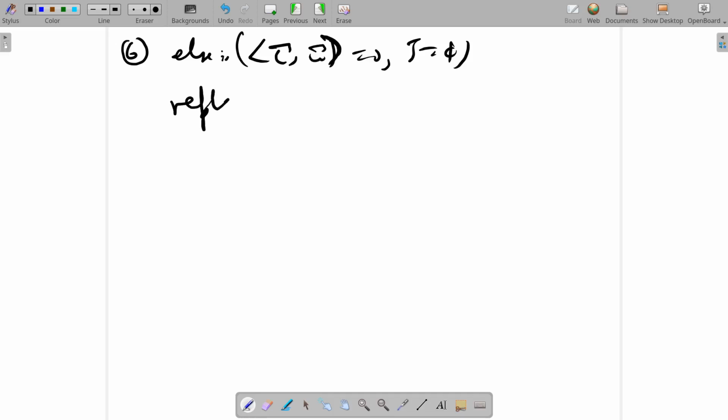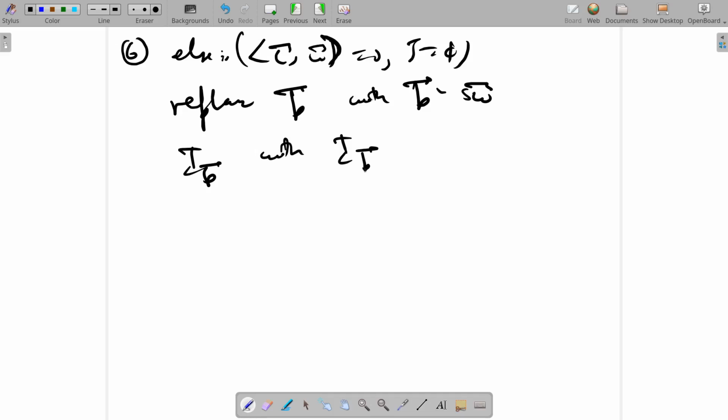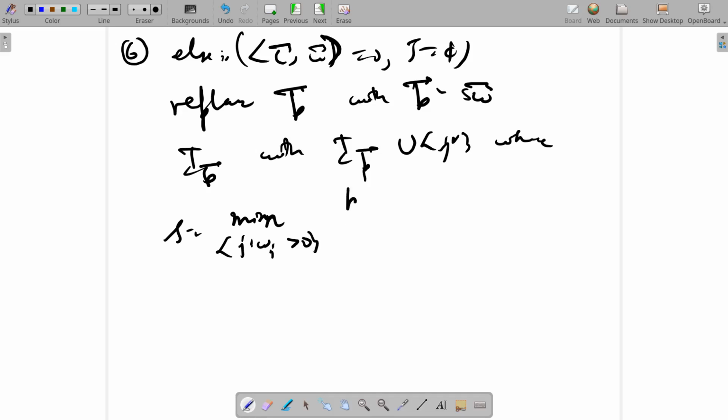Here we replace P with P minus S times W, and IP with IP union J star, similar to number 5, where S is equal to the minimum over all those indices J such that Wj is bigger than 0 of Pj over Wj, and J star is the argmin over J such that Wj is bigger than 0 of Pj over Wj.